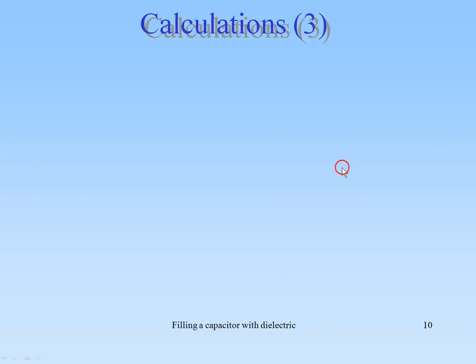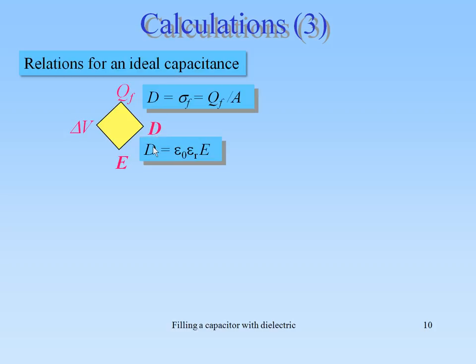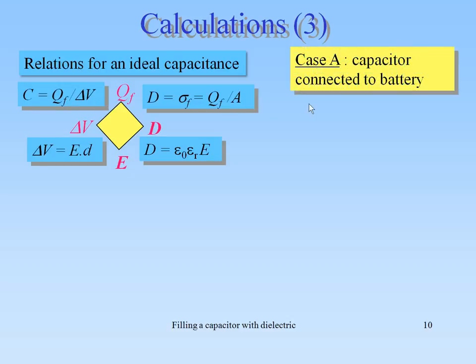Now let's do the calculations. Here is an overview of the relations, between Q free and D, between D and E, between E and delta V, and between C and Q. First, case A, the capacitor is connected to the battery.